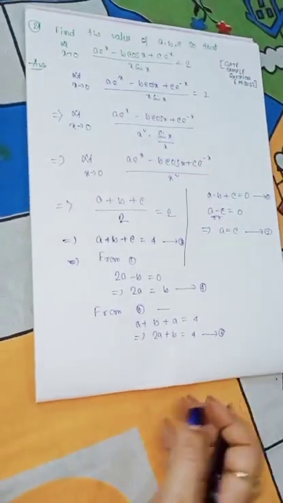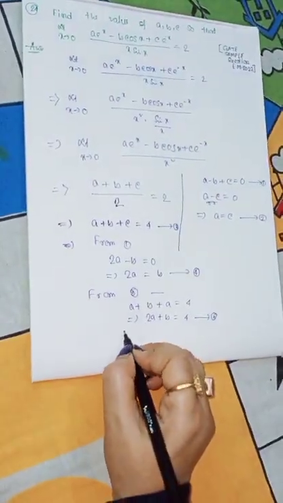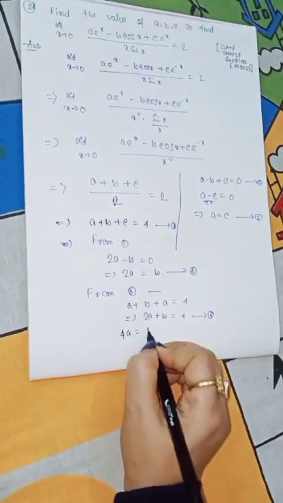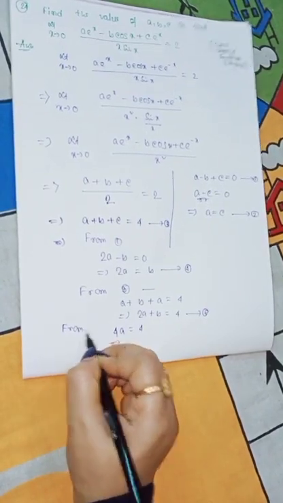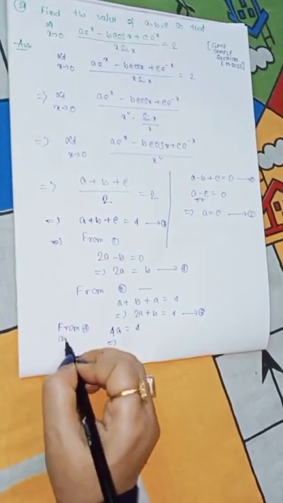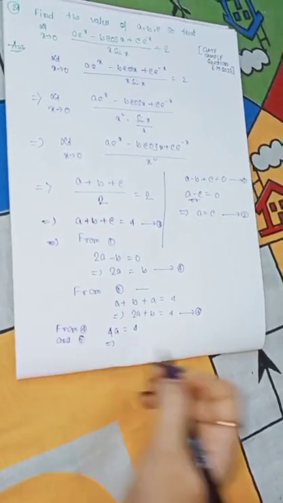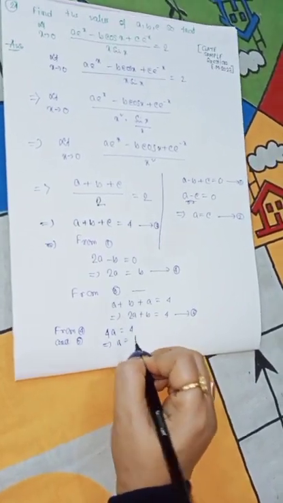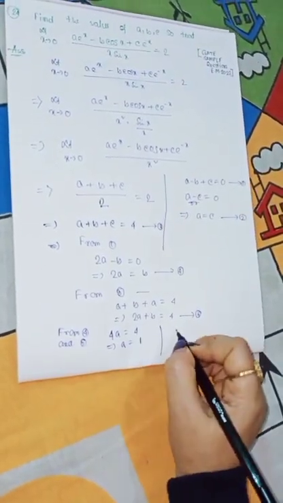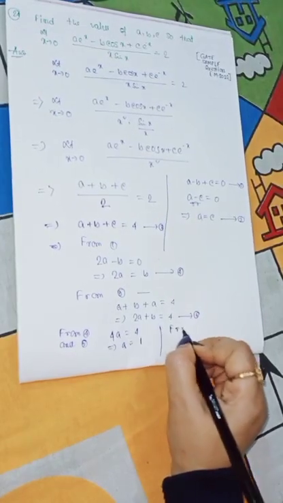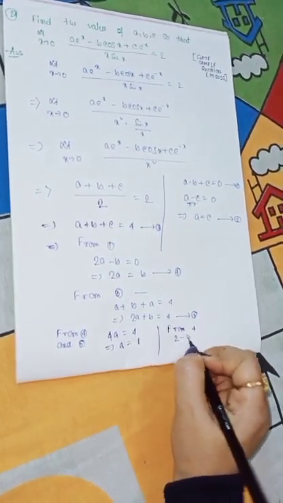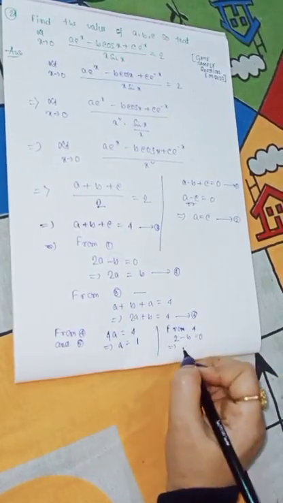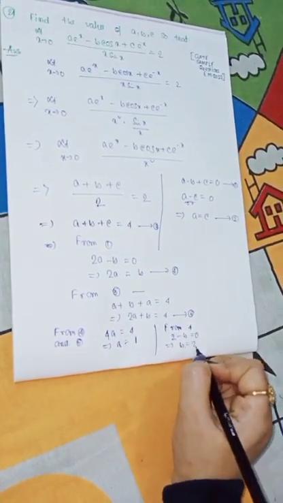So from 4 and 5, we get 4a is equal to 4, so a is equal to 1. Now from 4, 2 minus b is equal to 0, that implies b is equal to 2.